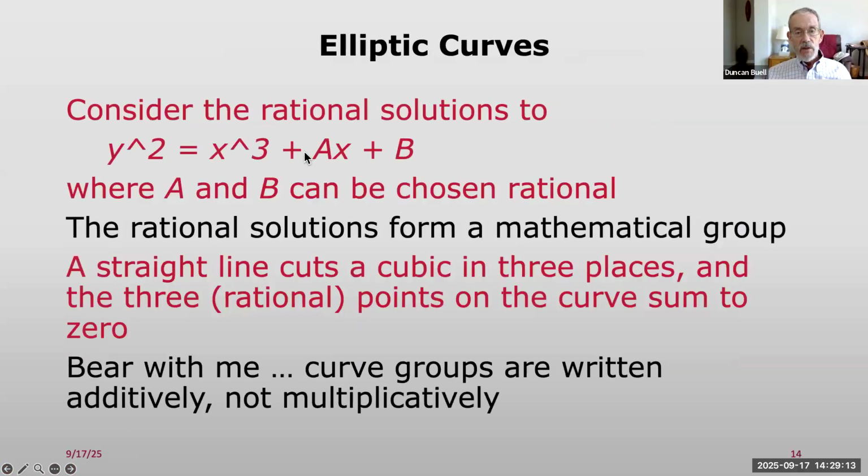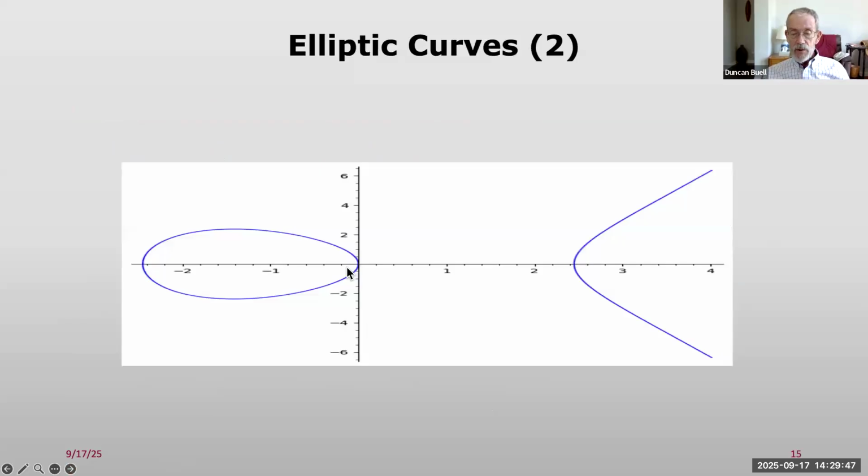If you consider the rational number solutions, pick integers a and b, or rational numbers a and b, and consider the rational solutions to this equation, quadratic in y, cubic in x. The rational solutions form a mathematical group. And it's usually written additively, not multiplicatively. Given something like this, you get the picture.